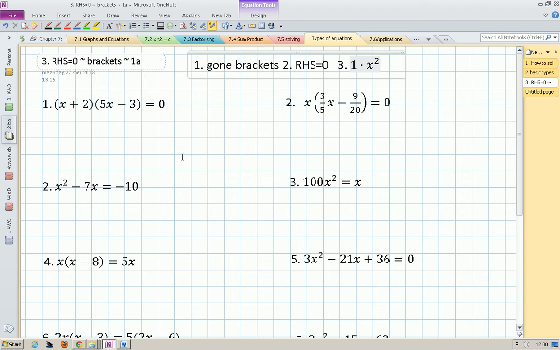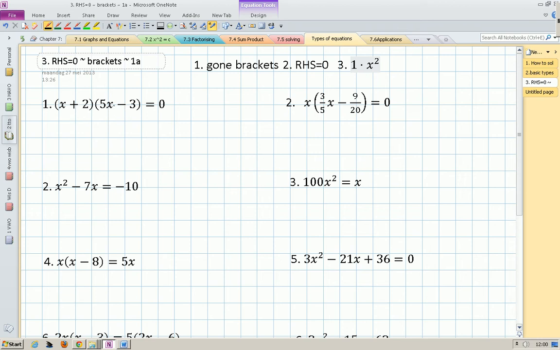So I want to do this first one, and this first one is really kind of review, and it always comes back. It's a question that tries to trick you into multiplying out these brackets, to see if you can screw up. So what's the deal?